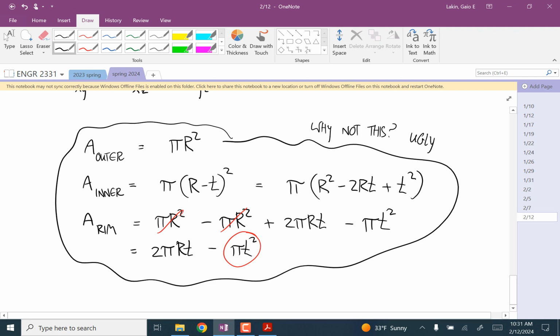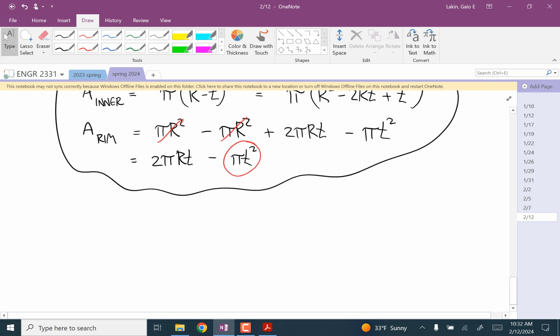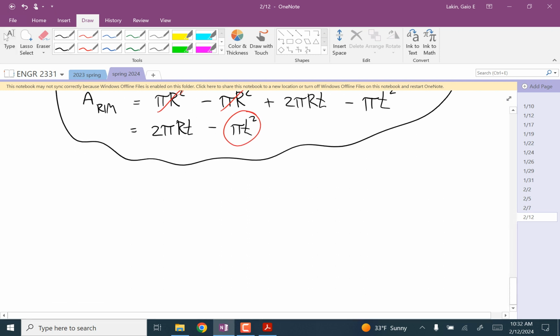You always have to define your infinitesimal element when doing an integral definition, like in statics, when we did the bearings.